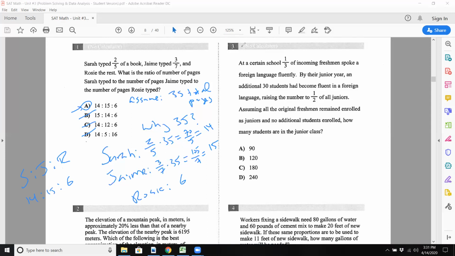Now let's take a look at 3. At Stern School, 1/3 of incoming freshmen spoke a foreign language fluently. By junior year, an additional 30 students have become fluent in a foreign language, raising the number to 1/2 of all juniors. So this is the same class, right?